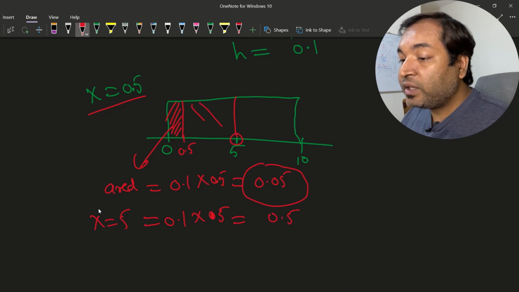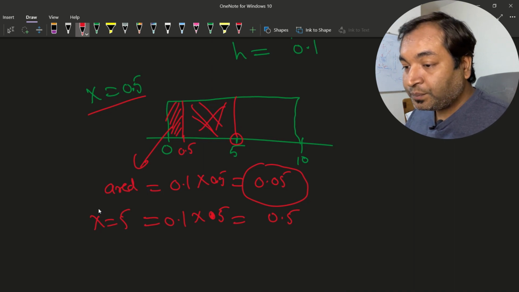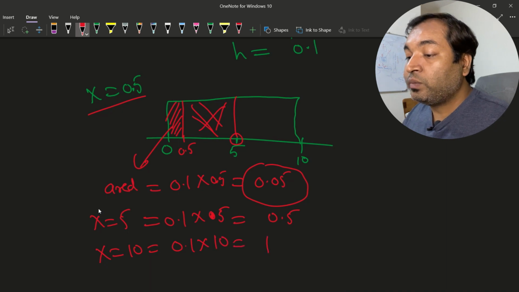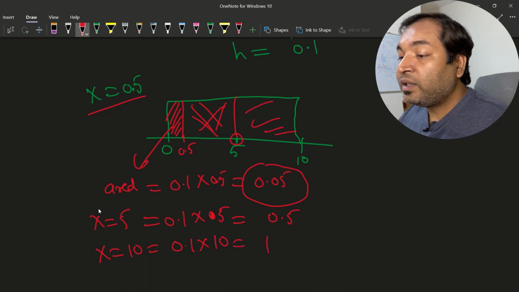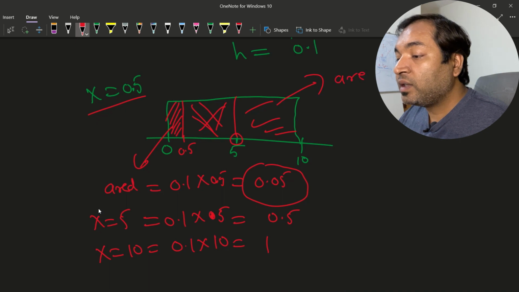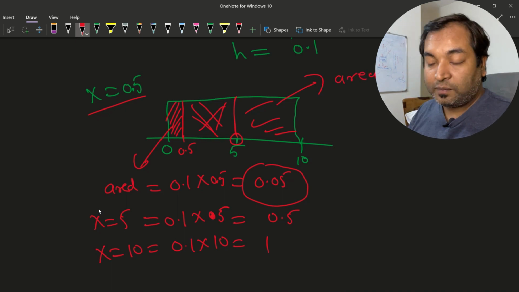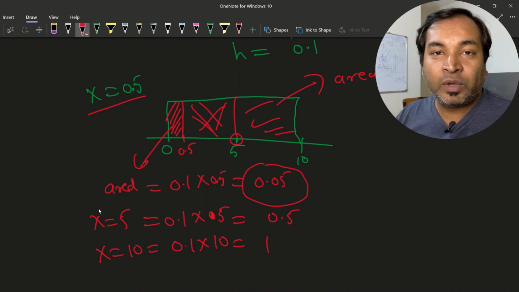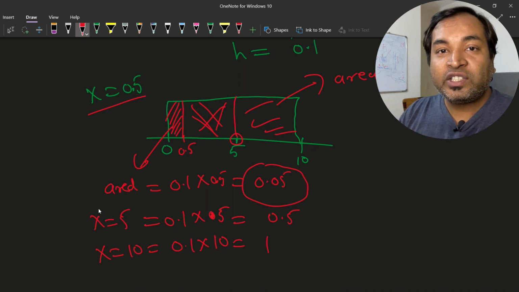If you take this area from 0 to 5, the area is 0.5. And for x equal to 10, it is 0.1 into 10, equal to 1. So till here you will get an area equal to 1.